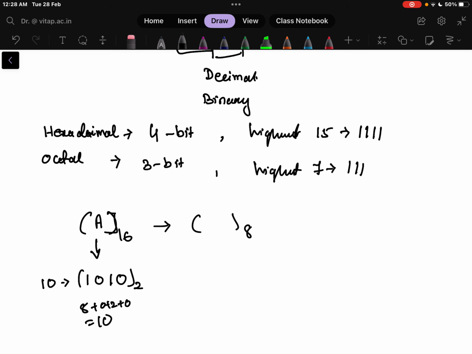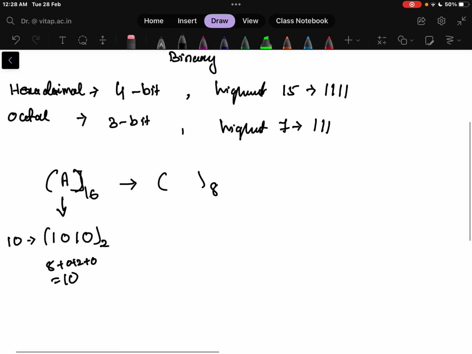Now how to convert that to base 8? As I said, octal has to be represented in 3-bit binary digits. So I write 1010 again, and we have to make groups of 3 bits, from right to left.